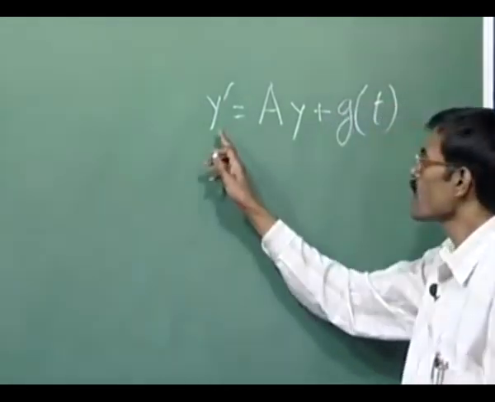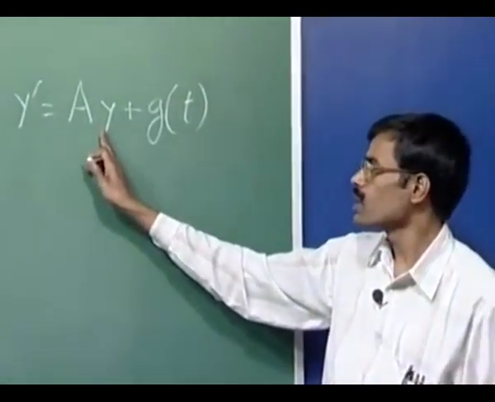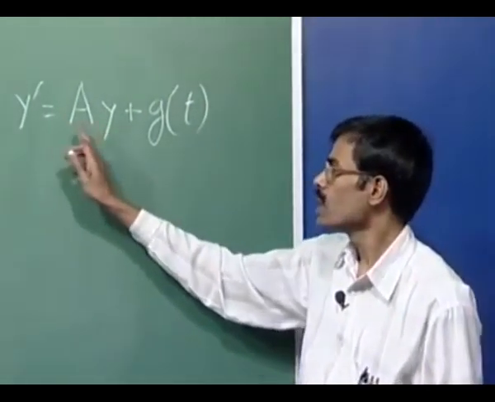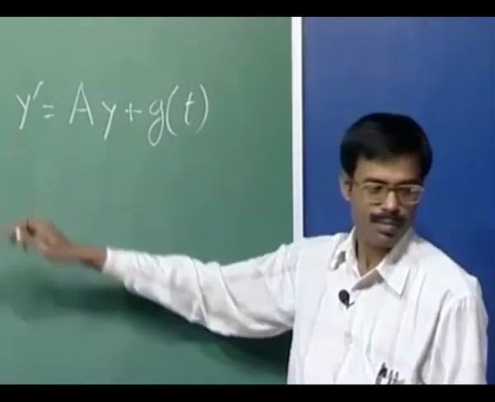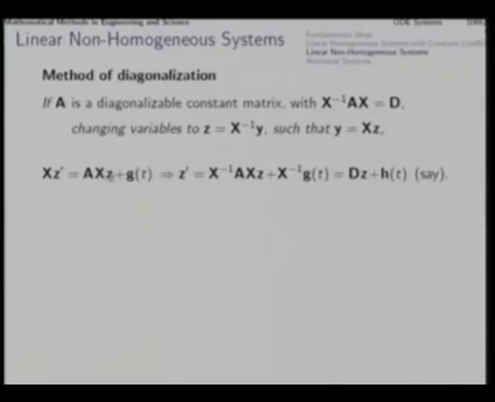Now, this y equal to X z, if we insert in this original differential equation, then what will we get? In place of y, if we put X z, capital X matrix into z, then here we will get X z prime, right. So, X z prime will turn out to be A X z plus g, and then through the pre-multiplication of X inverse, we will get z prime is X inverse A X z plus X inverse g. Now, if A is diagonalizable with this basis matrix X, then X inverse A X is D, a diagonal matrix.